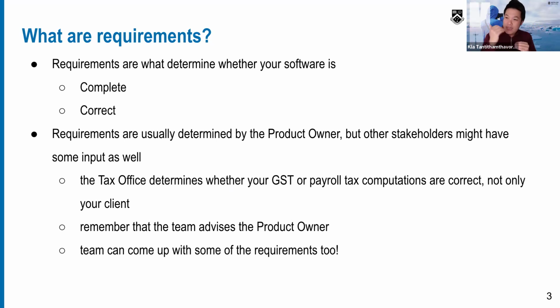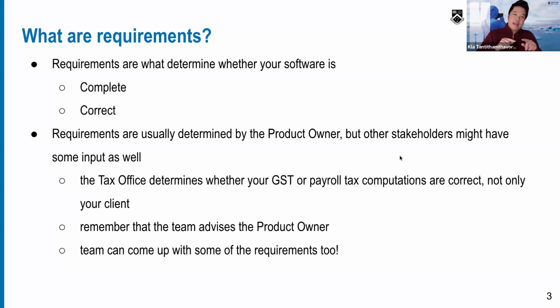The requirements describe everything here. Normally the requirements are determined by the product owner, but other stakeholders might have some input as well. For example, the tax office determines whether your GST or payroll tax computations are correct, not just the client, the end users, or the developers. Remember that the team advises the product owner.